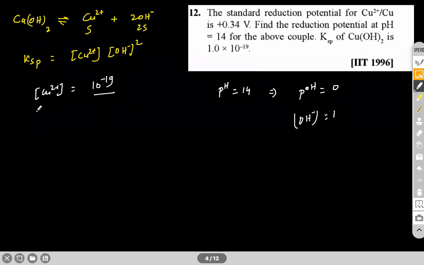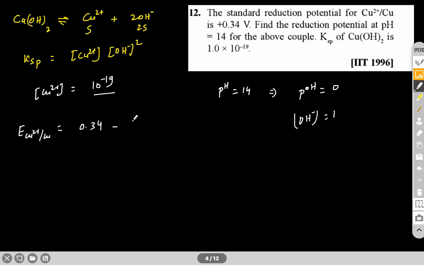Nernst equation for Cu2 plus to Cu, we can write E of Cu2 plus to Cu is equal to E naught, which is 0.34, minus 0.0591 by 2 log of 1 by Cu2 plus.